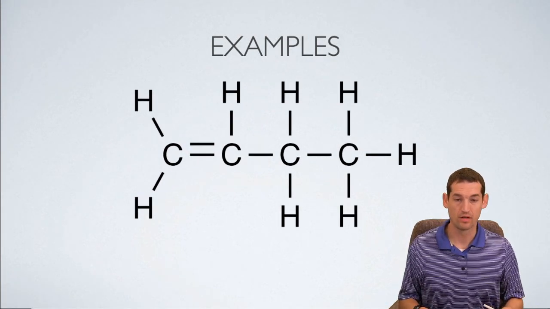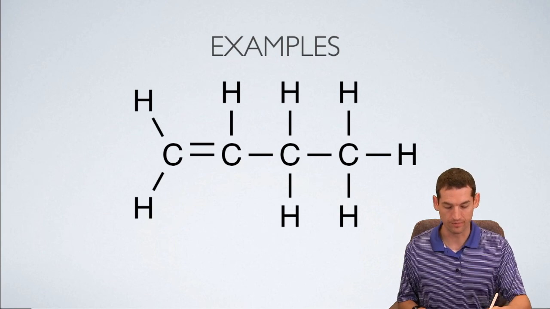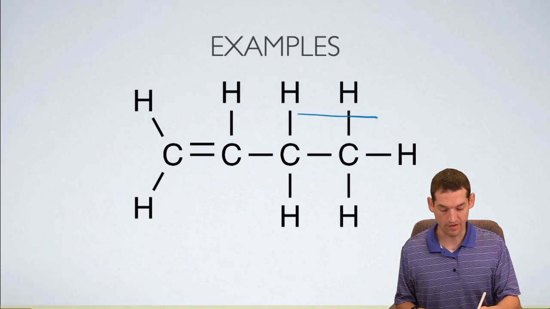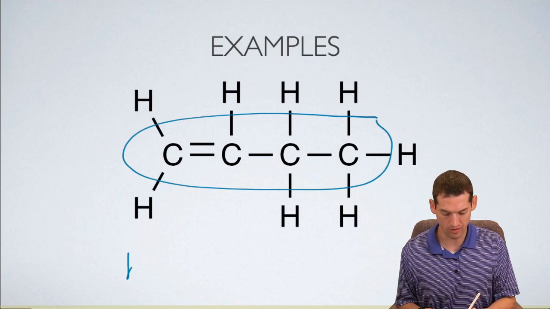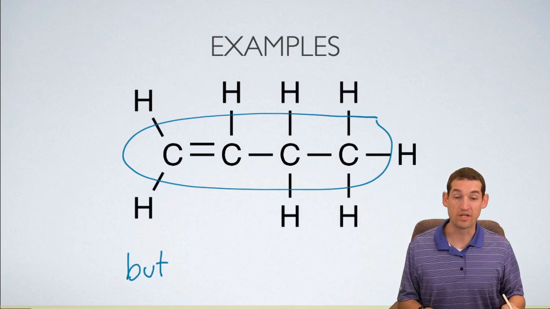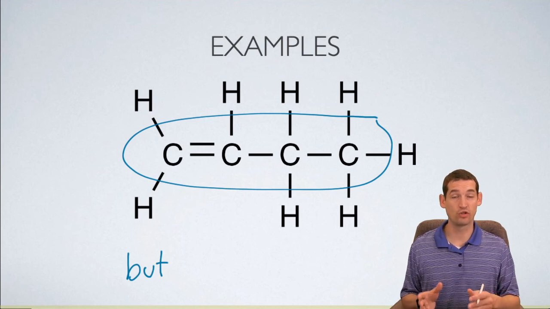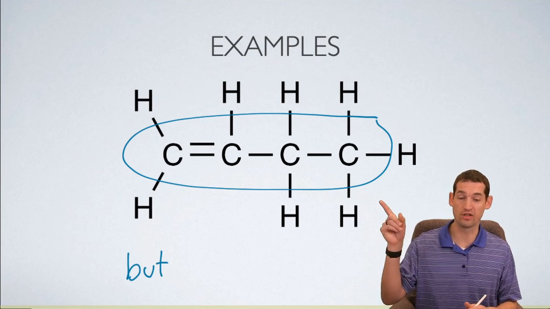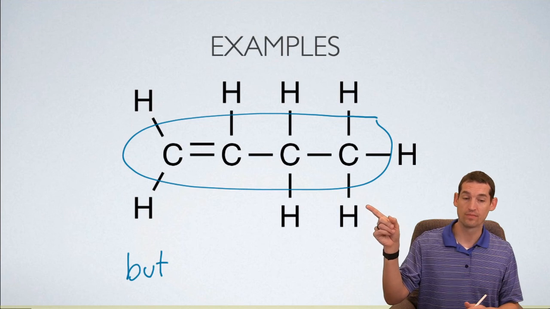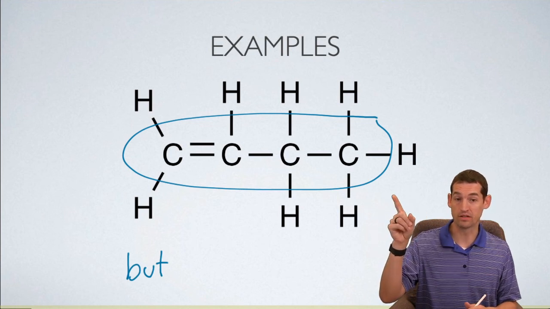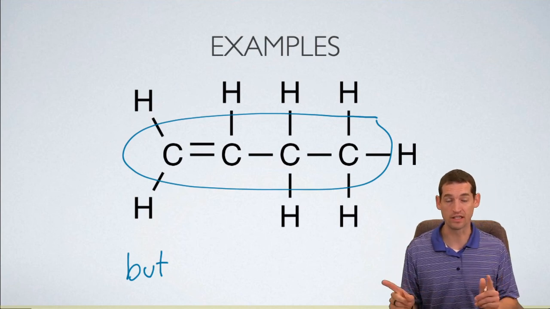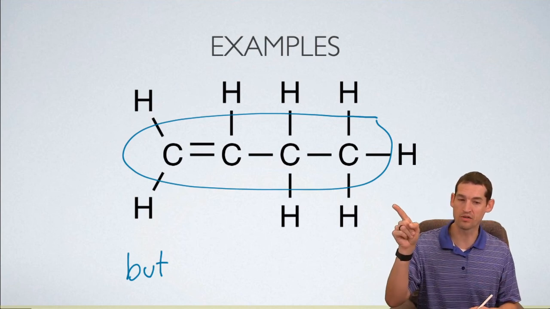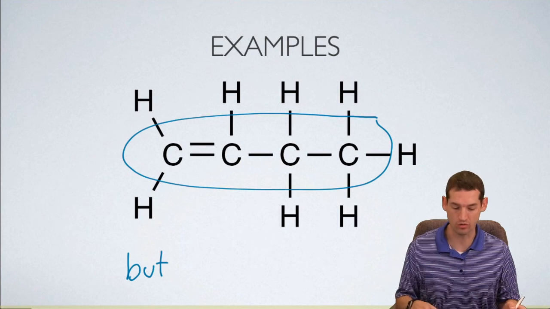Okay, now we have 4. So I have a 4-carbon molecule, which makes this a but. And because there are multiple places the double bond could be, I have to number it, because it could be on the left, or it could be in the middle. Now, if it's on the left or the far right over here, it's going to be a 1-ene, either way. But because that middle spot exists, it could be a 2-ene.